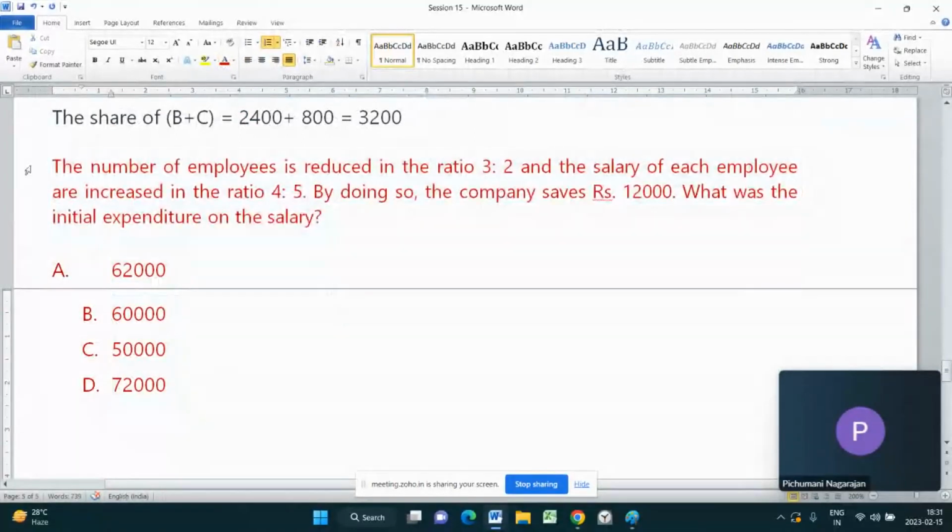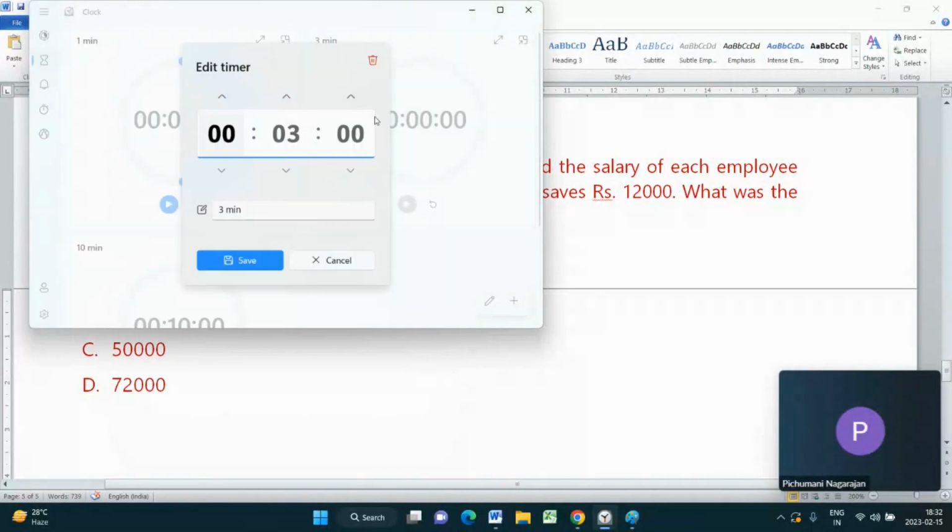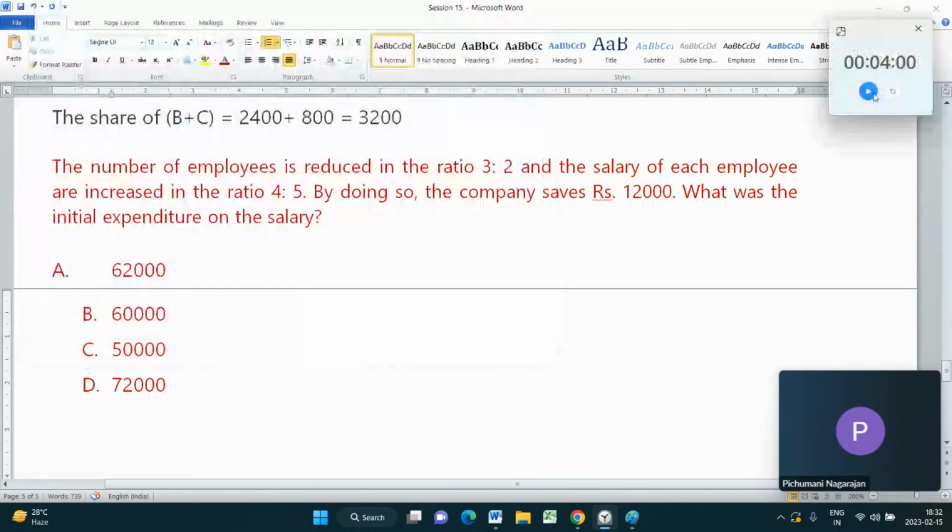Instead of A, B, C, they are giving some employees like this. I will give you 4 minutes, okay, to do this problem. Just think. You need not give me the right answer. You have to think and tell me how to proceed.